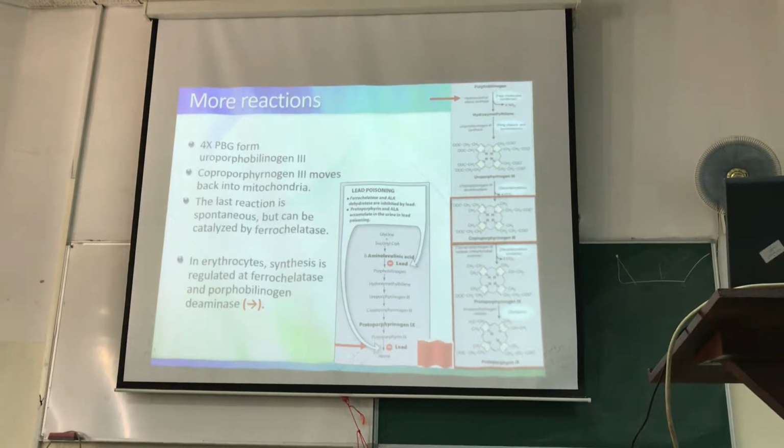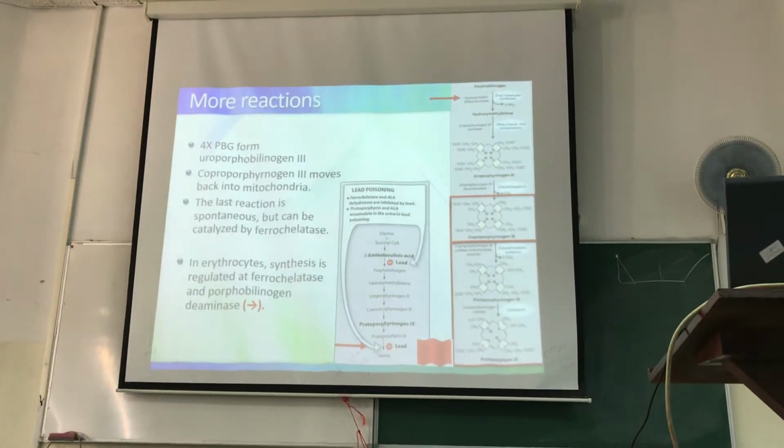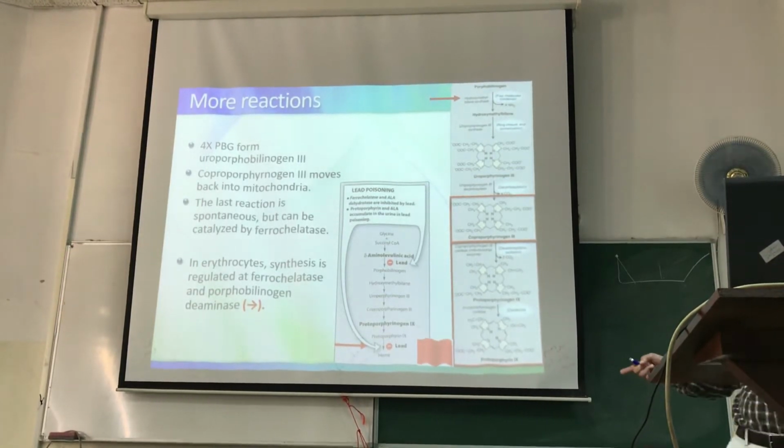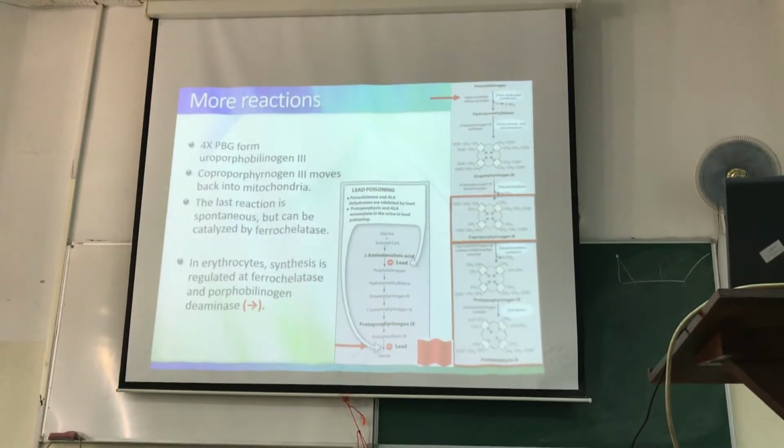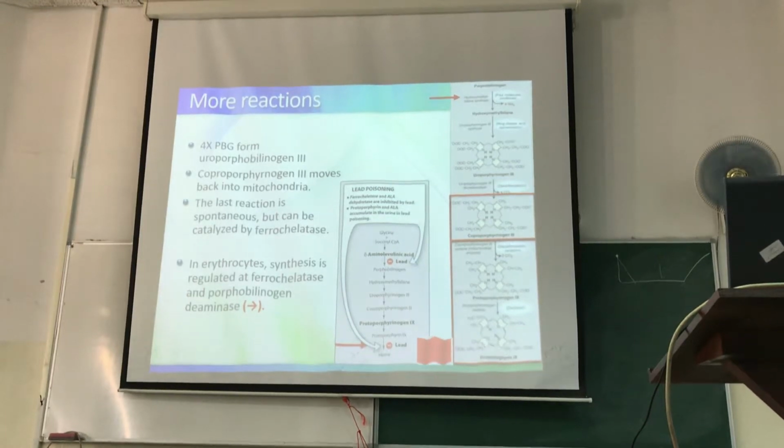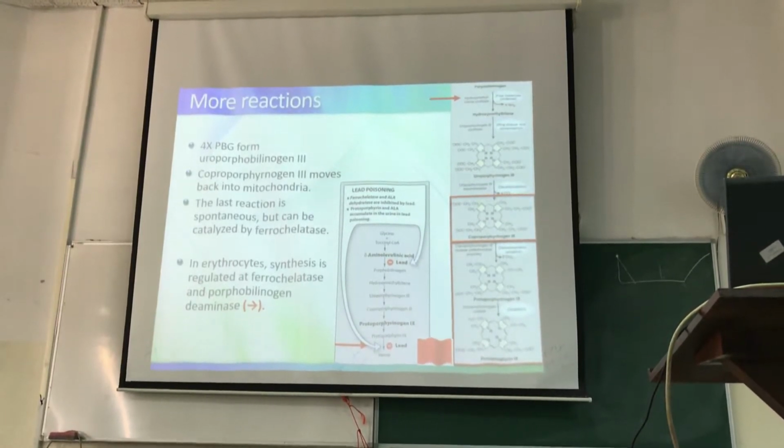In erythrocytes synthesis, this is one difference between liver and erythroid tissues, that is the points of regulation. The first reaction is the main reaction that is regulated in liver. On the other hand, with erythroid tissues or cells, it's multiple points, not only the first reaction.